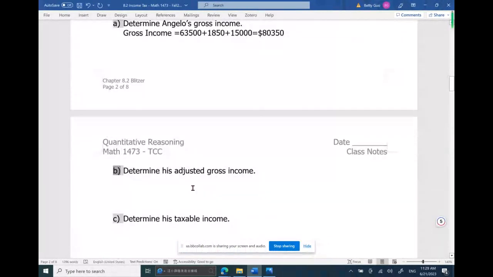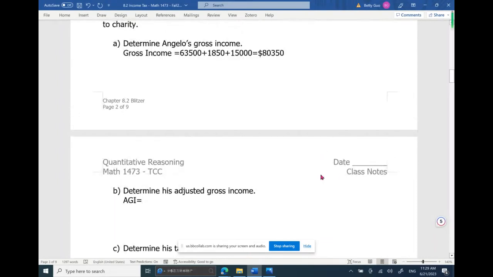Part B. It's supposed to be part B, right? Yeah, part B, determine his adjusted gross income. Do you remember how we represent adjusted gross income? It's a very important term in accounting or tax.